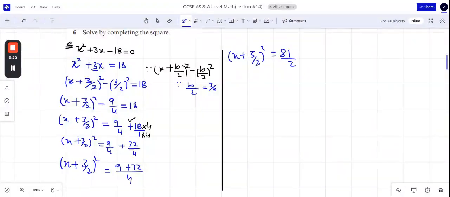Now for further simplification we need to remove the square, so we will take the root on both sides. So here we need to take plus minus sign with the root when you are taking it on both sides. So x plus 3 by 2 equals to, square and root will cancel, equals to plus minus the root of 81 is 9, and then the root of the 4 would be 2.